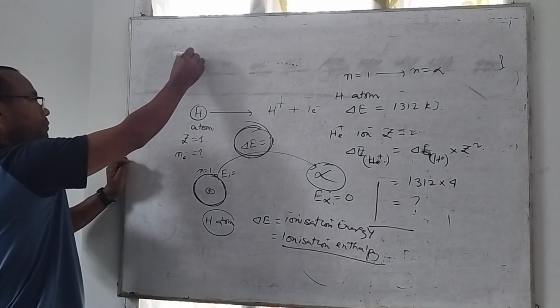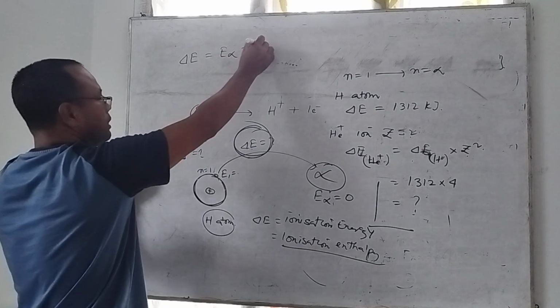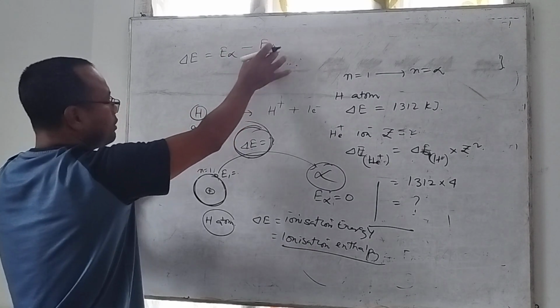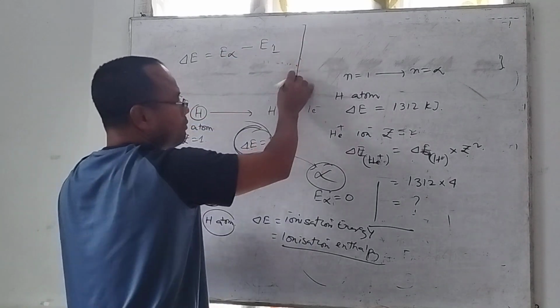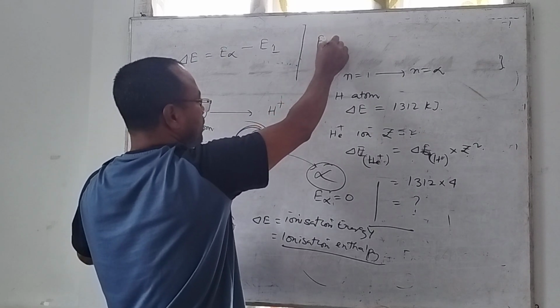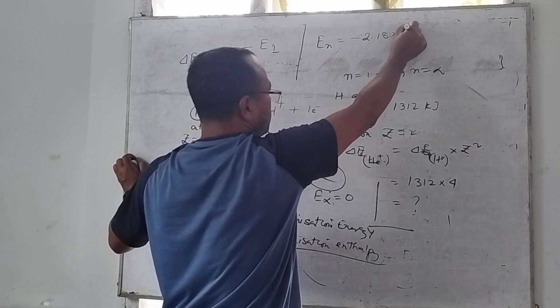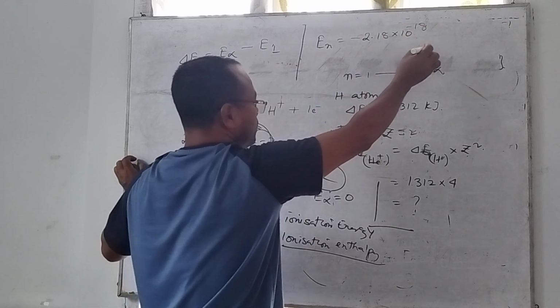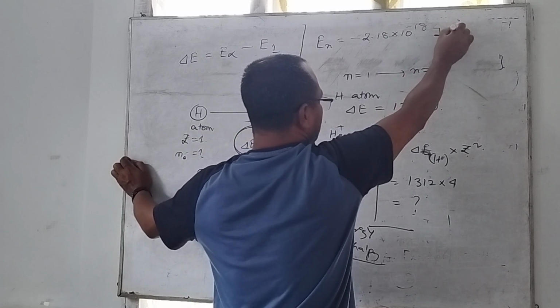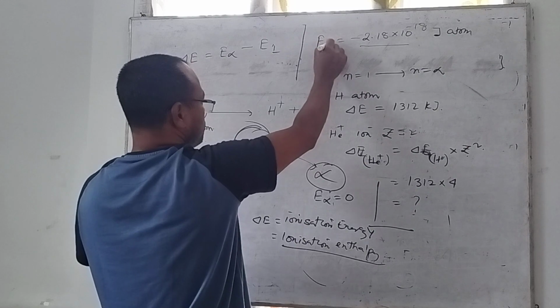So it's the same case here. Delta E is equal to E infinity minus E1. How much was it? Sometimes it may be given, this E1, and it is equal to minus 2.18 into 10 to the power minus 18 joule per atom at the ground state, meaning n is equal to 1.